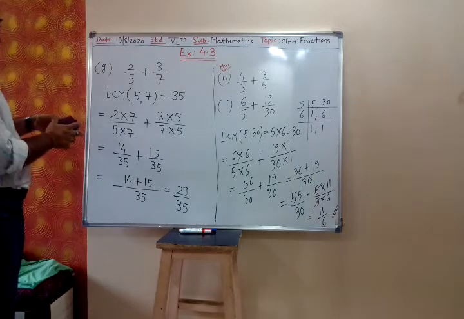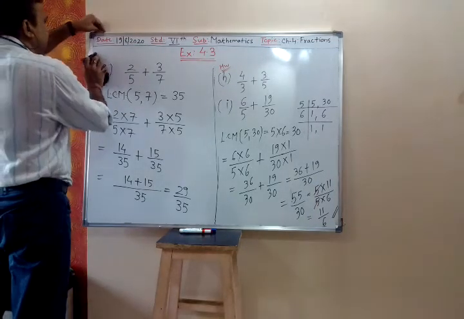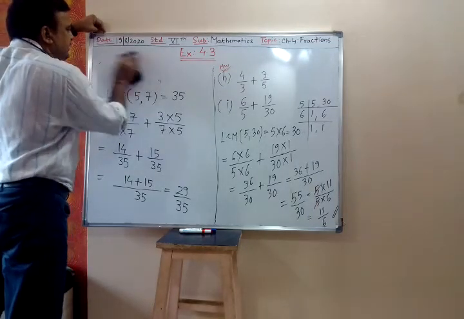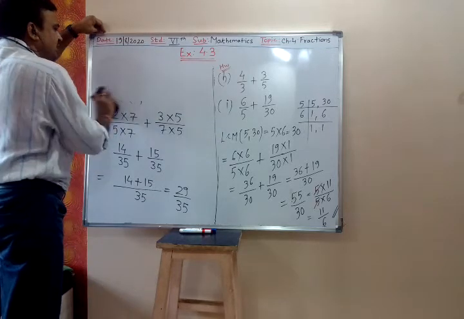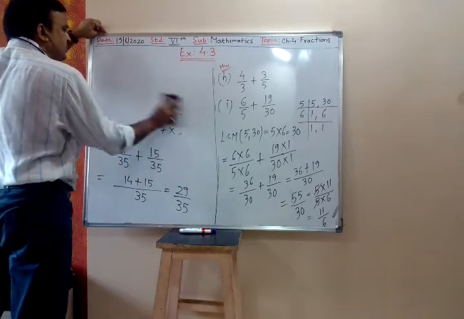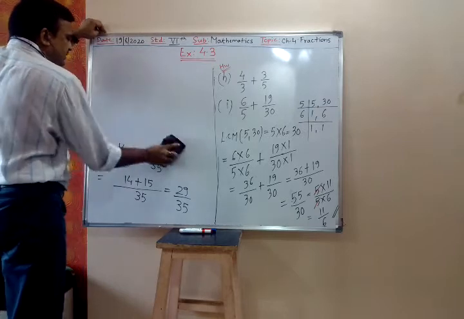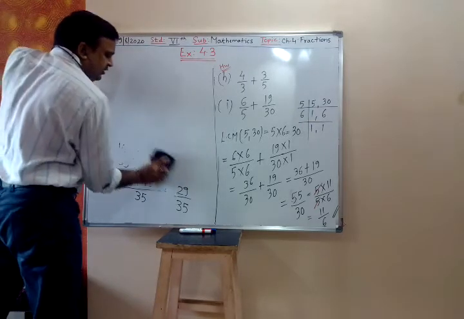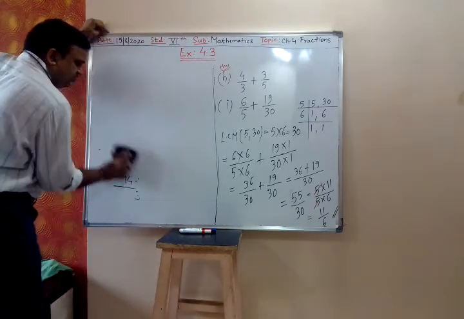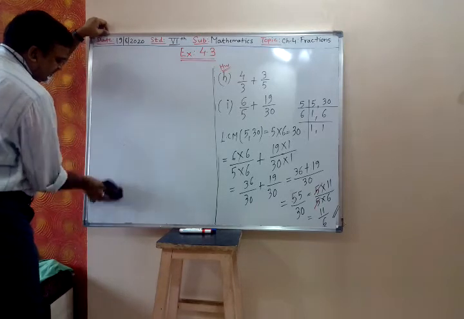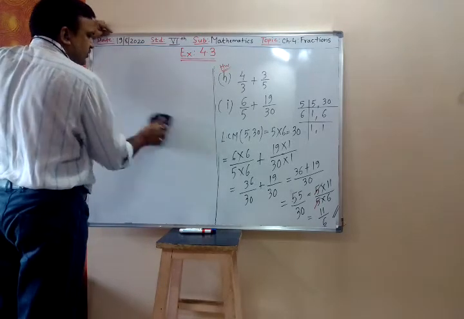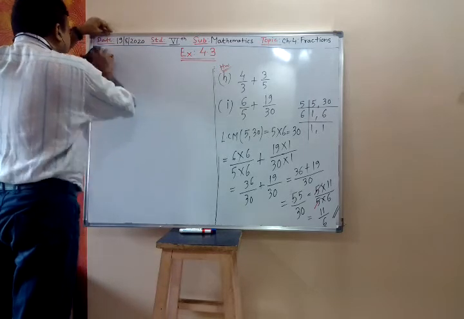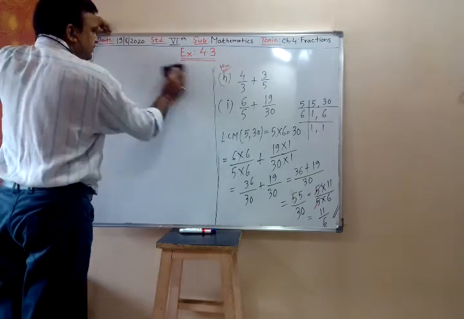Yes, we reduce it because if there is some common number, we can cancel the same number from the numerator and denominator. That rule of mathematics we have to follow. I will advise you, always cancel the common number from the numerator and denominator.